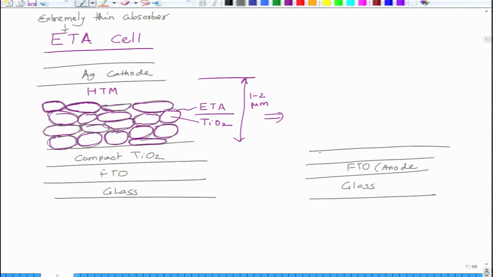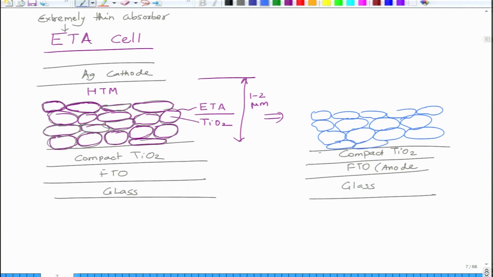On top of this we have compact TiO2, and on top of it we have, so it started with this, nanoparticles of alumina, and then on top we had HTM, and then again we had a, you can say, silver cathode. So, this was what we had here.